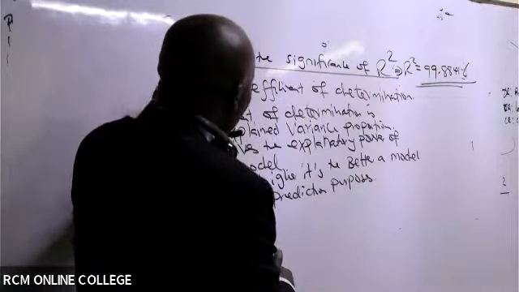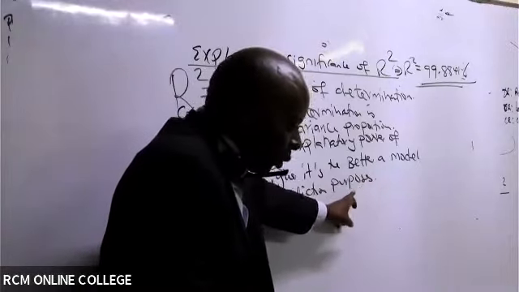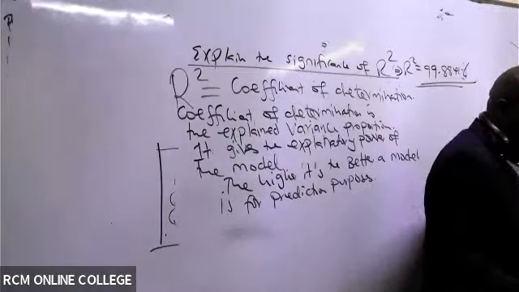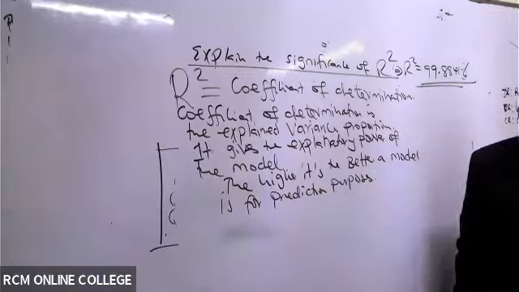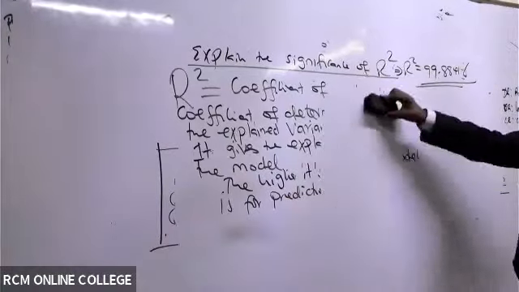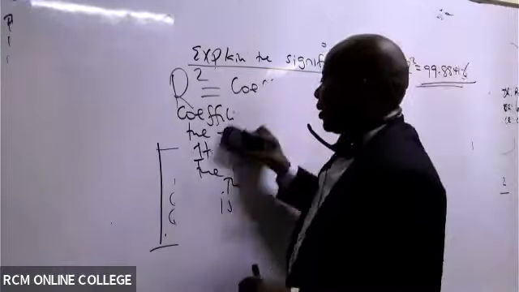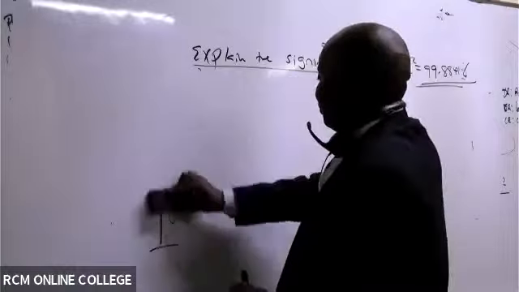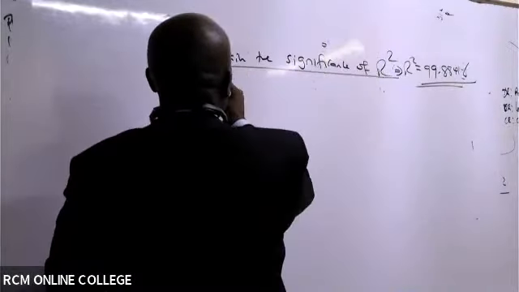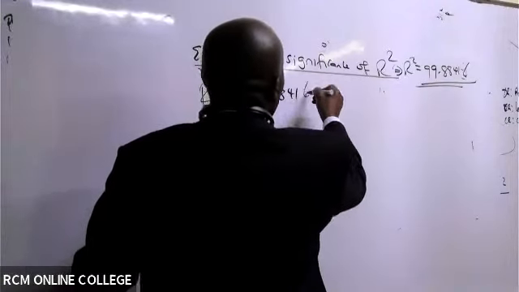Before I continue, have you been able to write up to here? All right, then I can rub this comfortably and explain this. So we have R squared of 99.8841%.